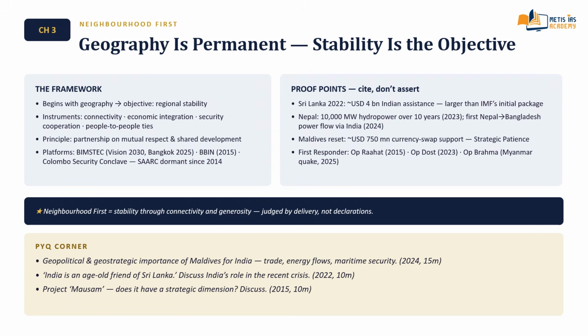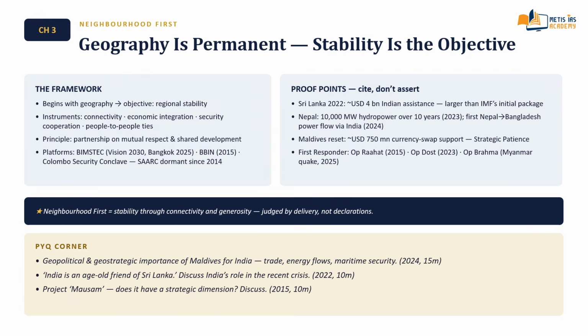Before we proceed, let us revise the key ideas. Every country's foreign policy begins with national interest. India pursues these interests through strategic autonomy. Strategic autonomy allows India to build multiple partnerships while preserving independent decision making.